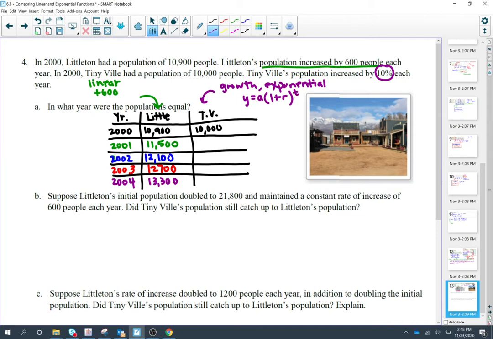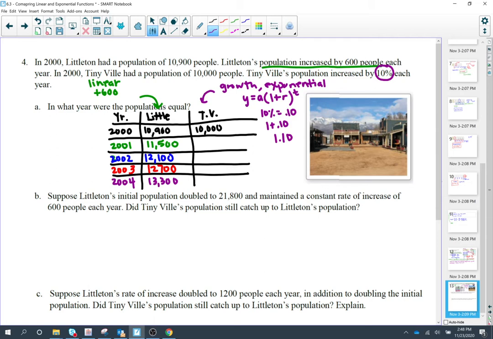Specifically, what I'm looking for here is this 1 plus r, because I'm going up by 10%, 10%, 10%, 10%. But 10% is 0.10, because 10% is 10 out of 100, so 10 divided by 100 is 0.10. But if I multiply by 0.10, I'm actually going to get a smaller number. So we need 1 plus r. So 1 plus 0.10 is actually going to give me 1.10.